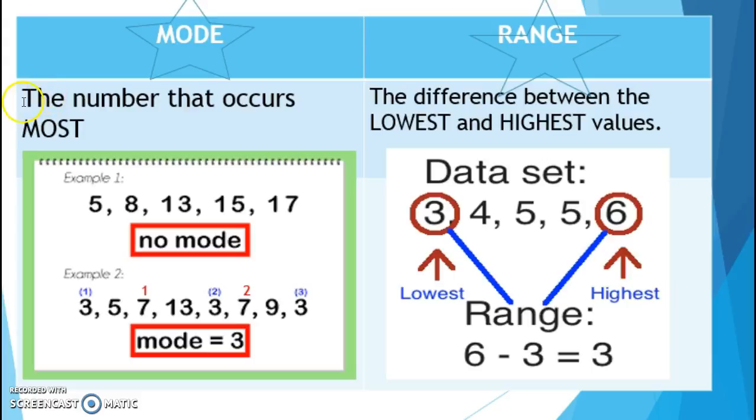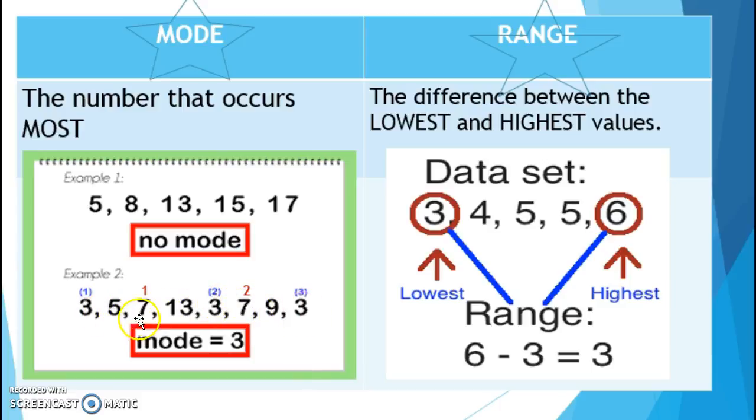Again, another way that this might occur in a list of numbers, if you take a look here in finding the mode, or the number that occurs most, we've got 5, 8, 13, 15, and 17. There is no mode because there are no repeated numbers. Example number 2. 3, 5, 7, 13, 3, 7, 9, and 3.